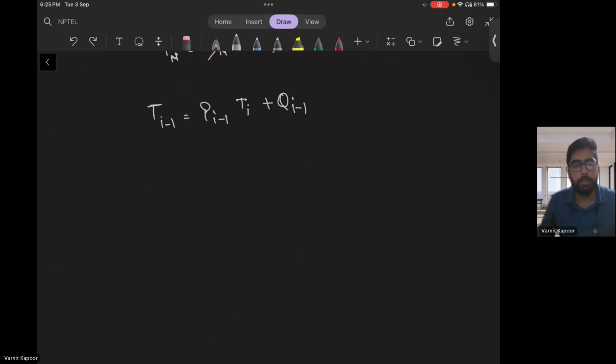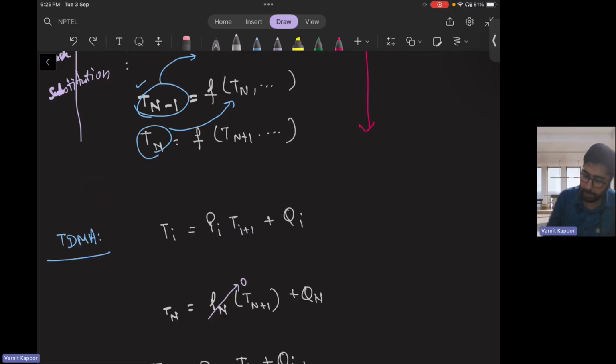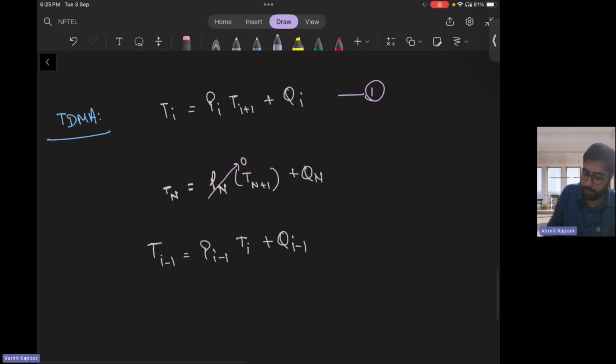Now, what we can do here is suppose we have this equation named as equation number 1. Suppose this is equation number 2. All right. Now, if you put the values here, just a second.